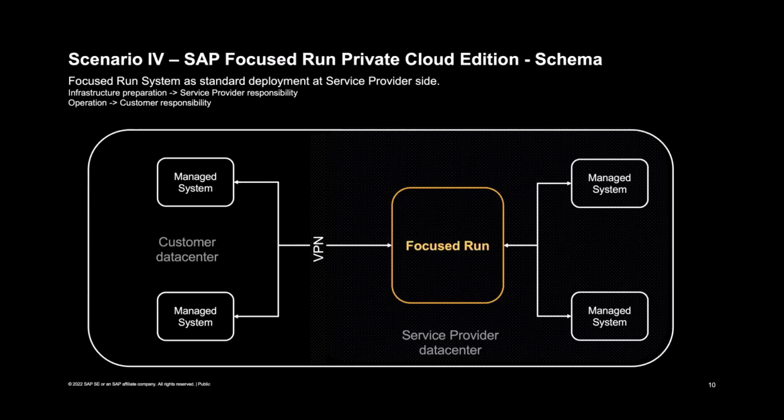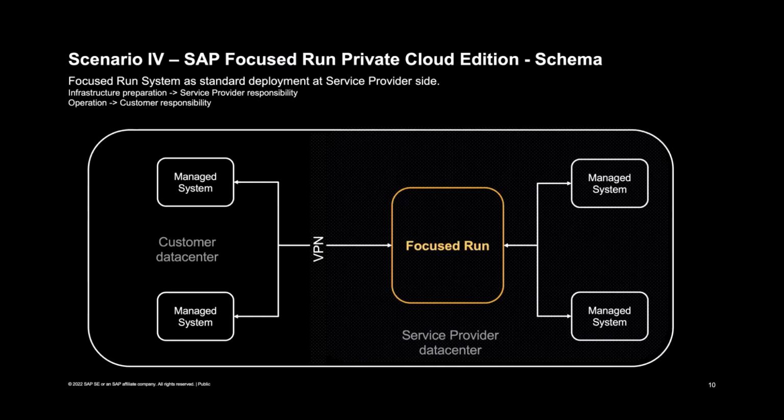The advantage of using this private cloud edition usually is that such a private cloud edition comes pre-configured. So the service provider already prepares some infrastructure preparation, some application preparation, so that the Focused Run system later on can be easily used by the customer, and he can avoid the necessary basic steps in the initial configuration of the Focused Run system.